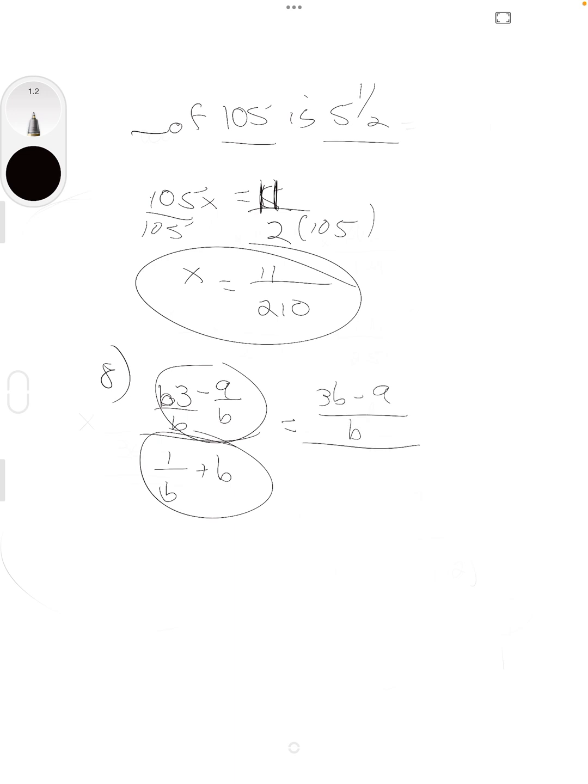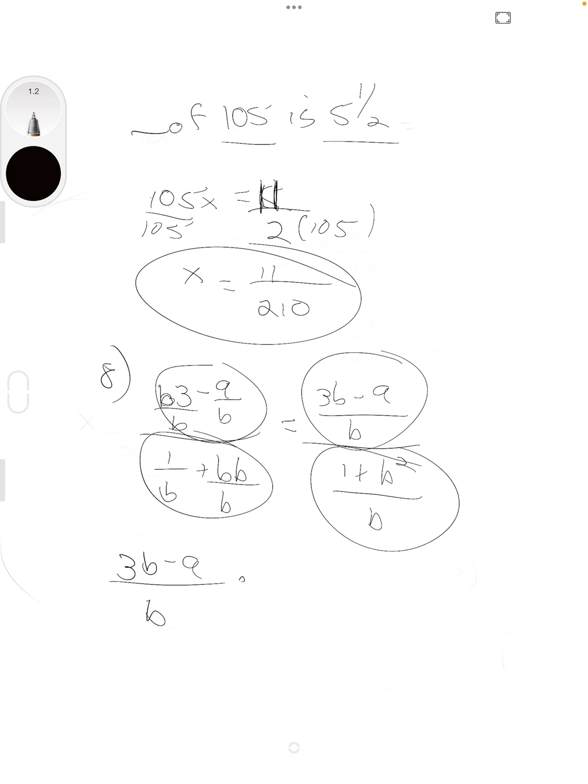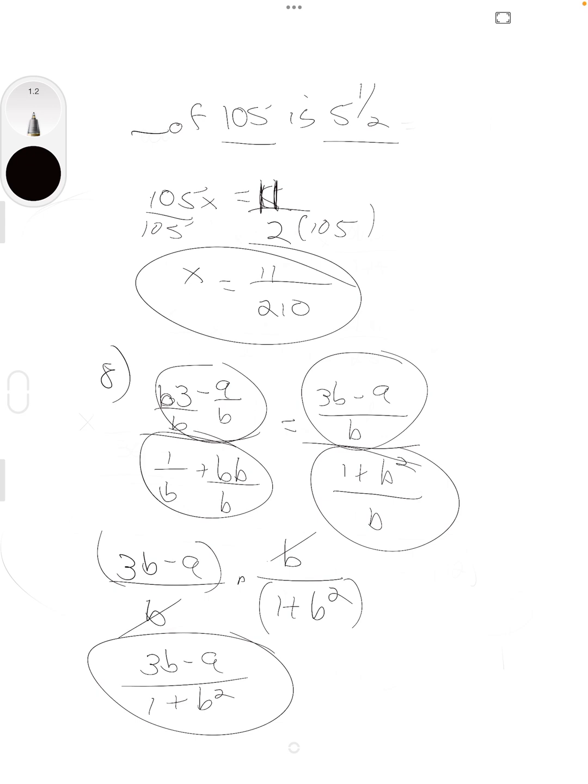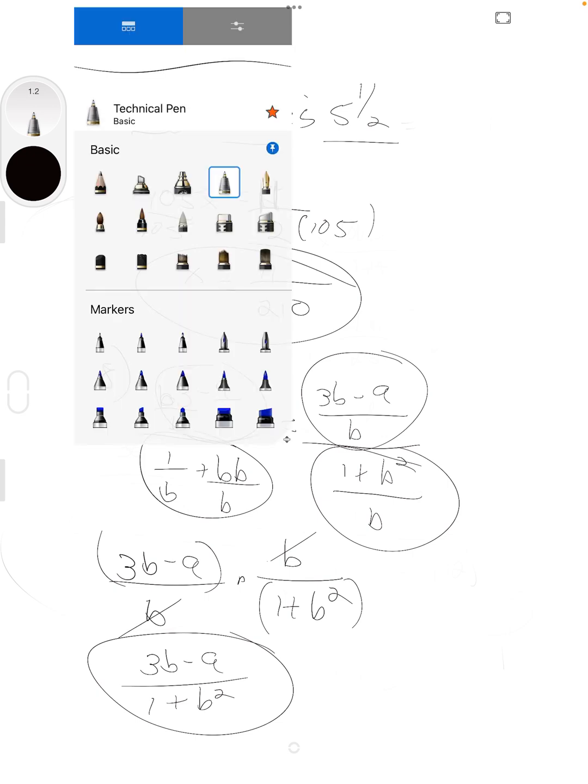And on the bottom, again, multiply top and bottom times b, and I'll end up with 1 plus b squared over b. So it's this divided by that, which is 3b minus a over b, times the reciprocal of this, so b on the top, 1 plus b squared on the bottom. And these will cancel, and I'll end up with 3b minus a over 1 plus b squared. Answer. That's problem number 8.